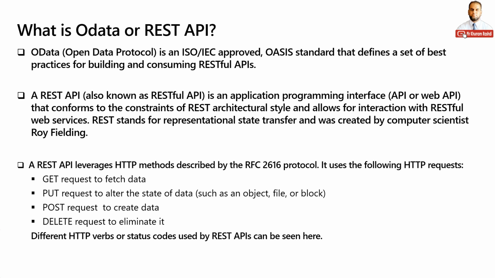So get is a request to fetch the data, put is a request to alter the state of data, such as an object, file or block. Okay, and then post is a request to create the data, and delete is a request to eliminate it. So the different HTTP verbs or status codes used by REST API can be seen above.